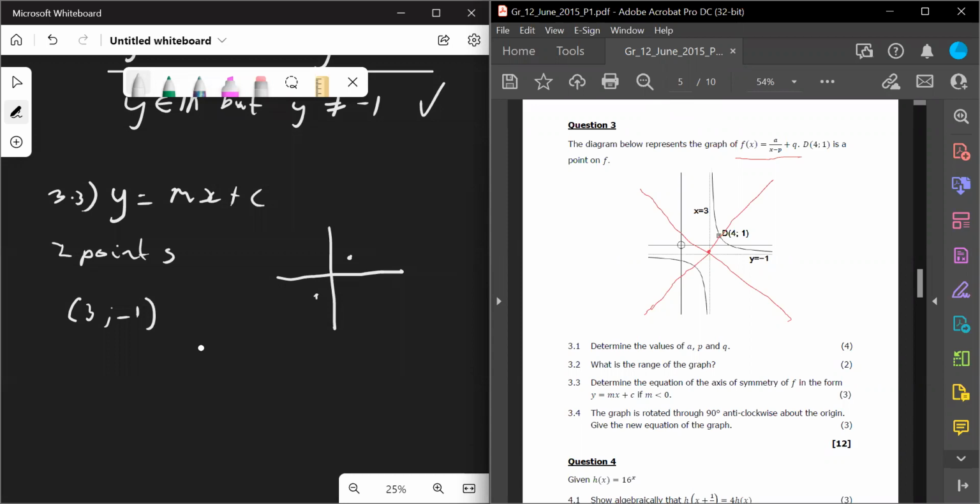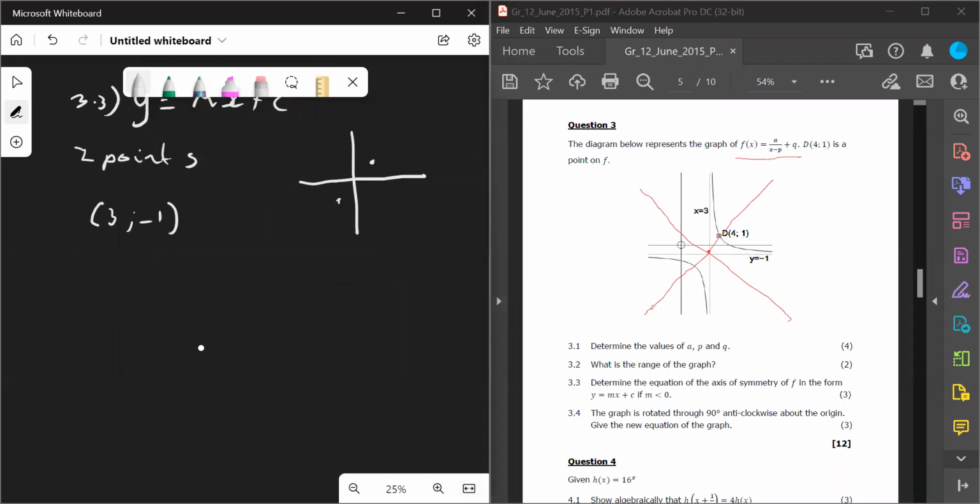So the thing is, we don't need 2 points. We need 1 point we know, which is (3, -1). And we know that m will always be 45 degrees, so it's always either 1 or -1. If m is negative, then they want m = -1, right?